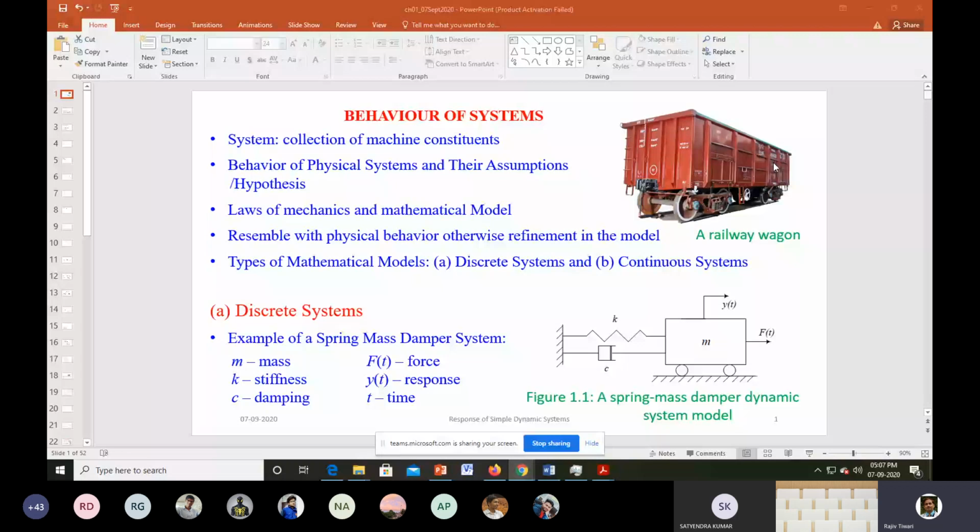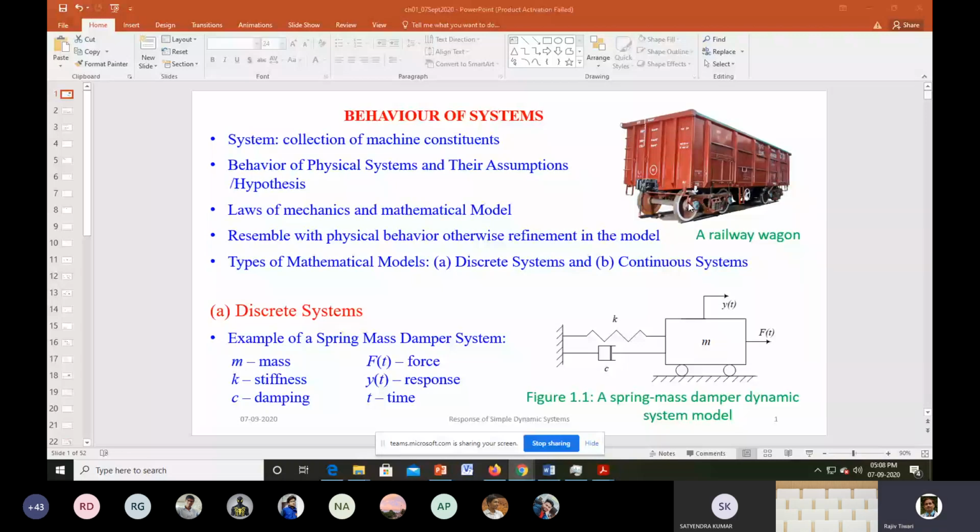In between them, leaf springs or coil springs are provided. They have flexibility or stiffness. Even some kind of dampers are provided between the wheel and the body of the railway wagon so that undue vibrations, if they are taking place, should damp out.